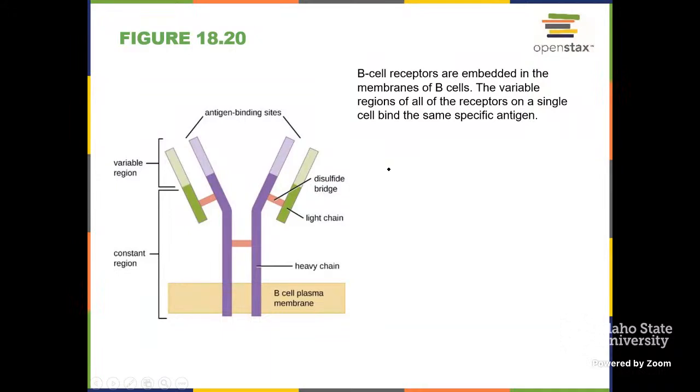But these immunoglobulins are specific to one epitope, and they are on the B cell that then is doing some surveillance, looking for that specific signature. If it sees it, it links up and can stimulate the production of antibodies from within its cell.